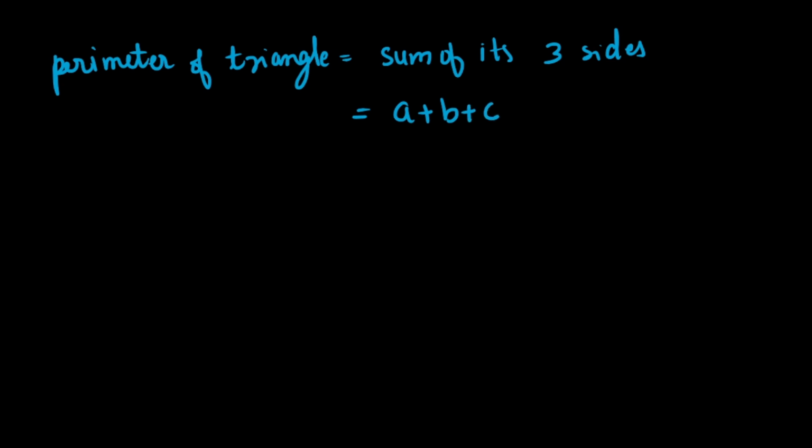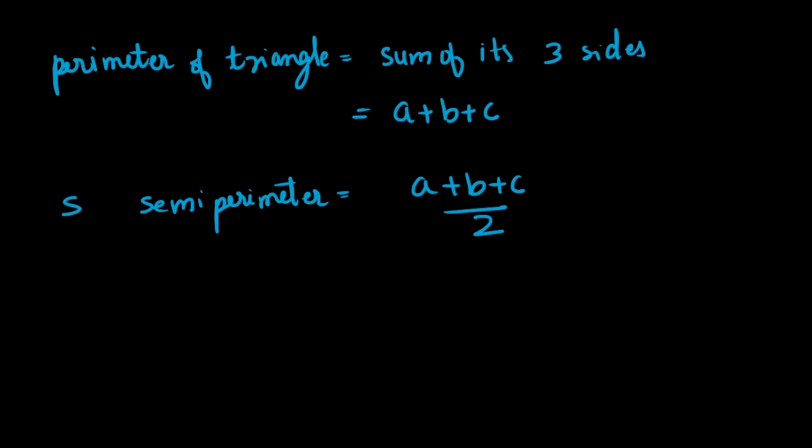What about semi perimeter? Can you guess? Semi means half, so semi perimeter is the perimeter divided by 2. So S equals semi perimeter, that is A plus B plus C divided by 2.